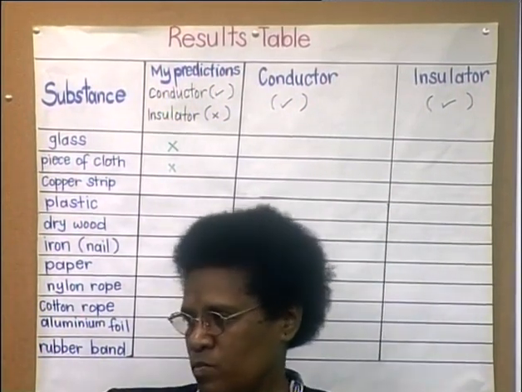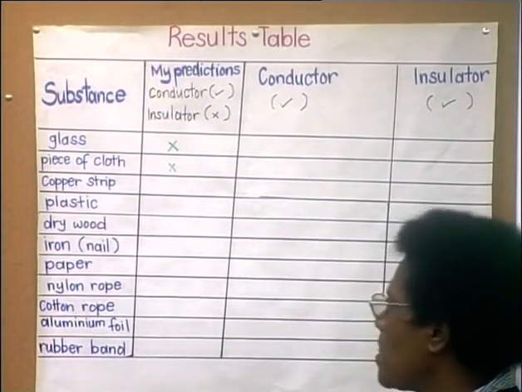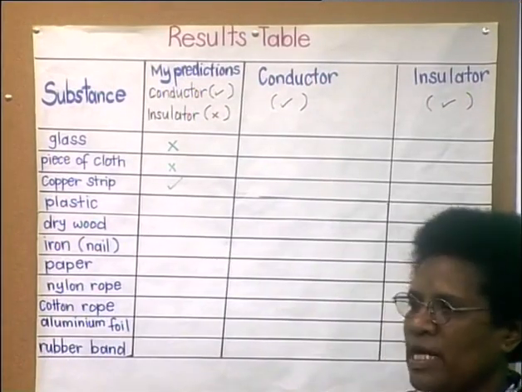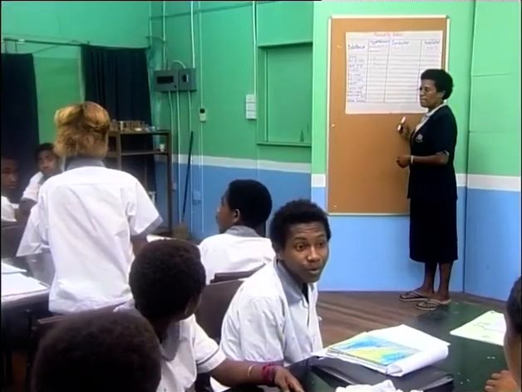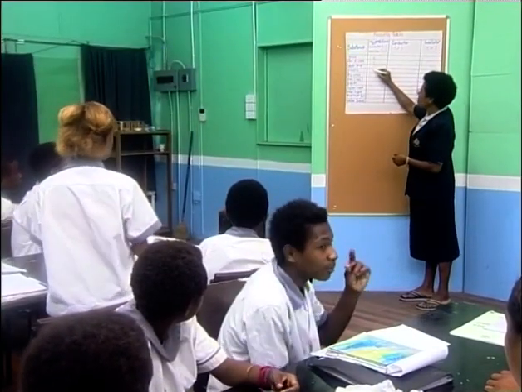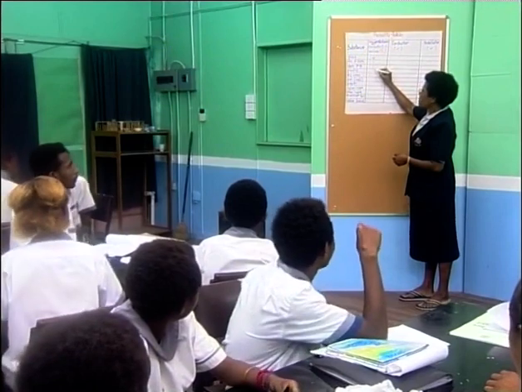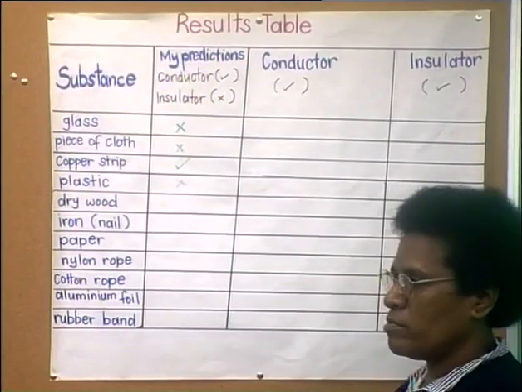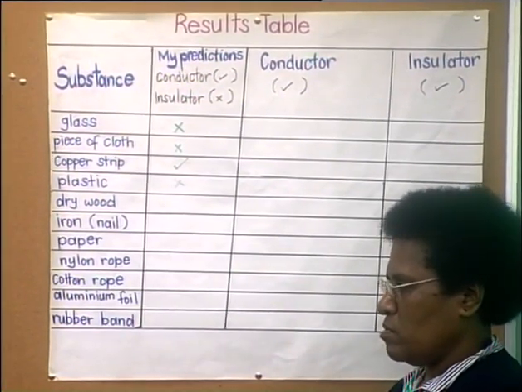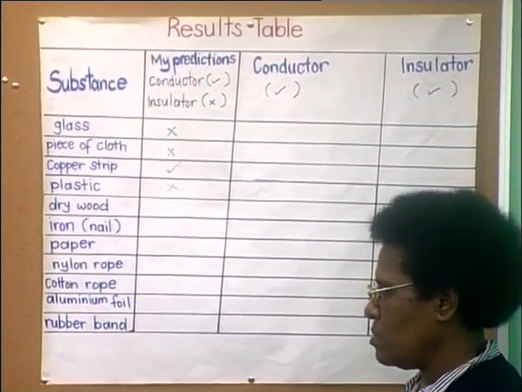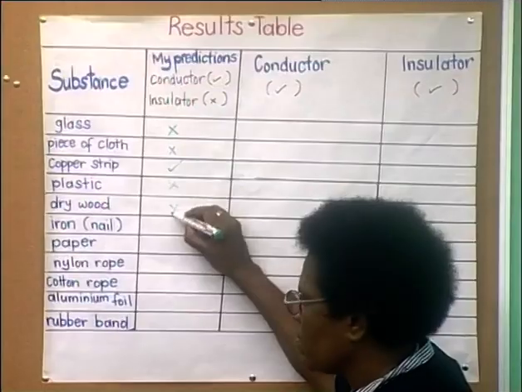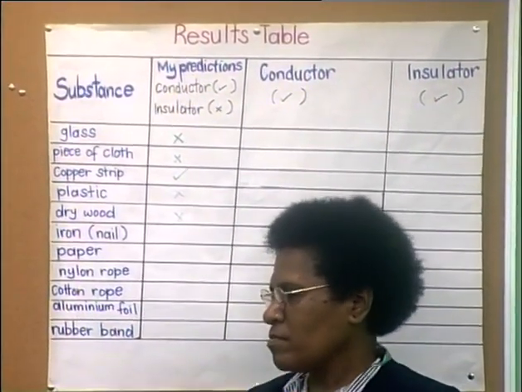Copper strip. Conductor. Nancy, plastic. Insulator. Estelle, dry wood. Insulator. Iron. Let's have you. Conductor.